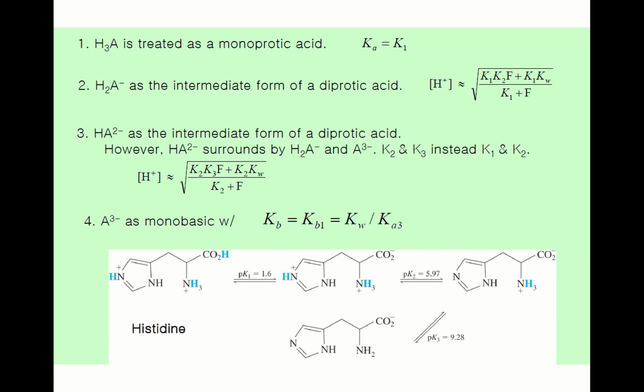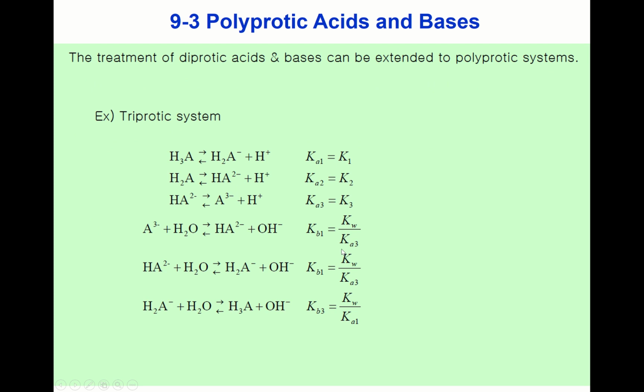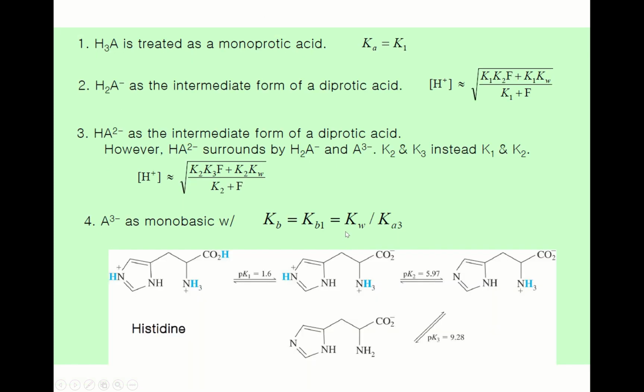Likewise, if initially we have only the fully deprotonated species, we take it as a monobasic species, use KB3, and calculate the proton concentration.